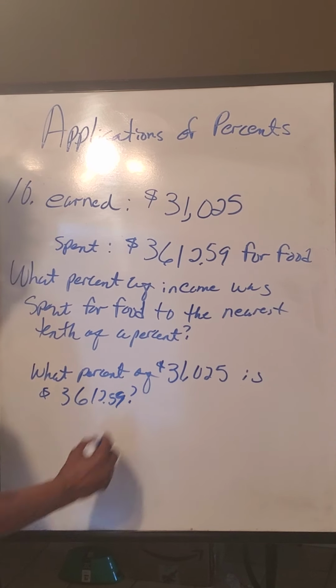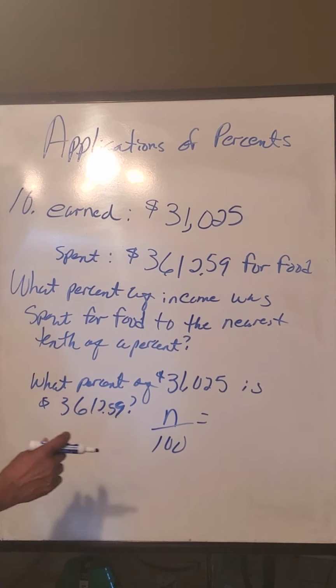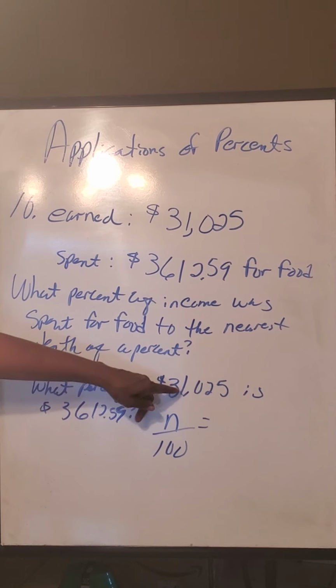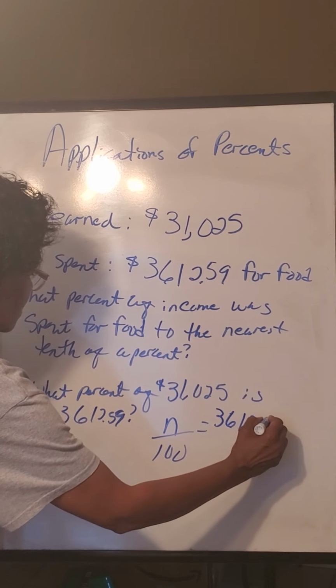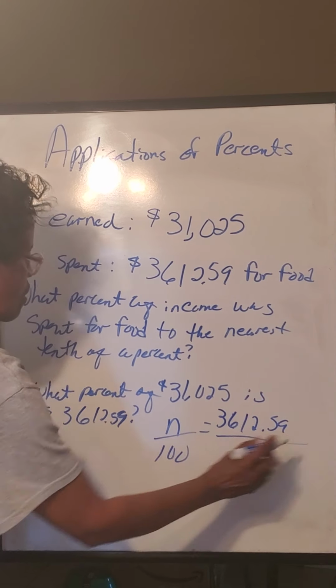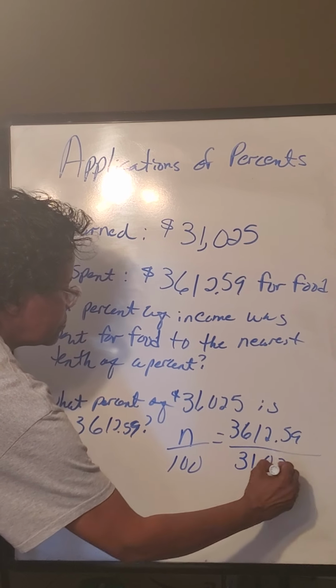So I'm going to write a proportion. That'll be N over 100 is equal to the part. This is the part of that money right there. So $3,612.59 over the total, which is the whole.